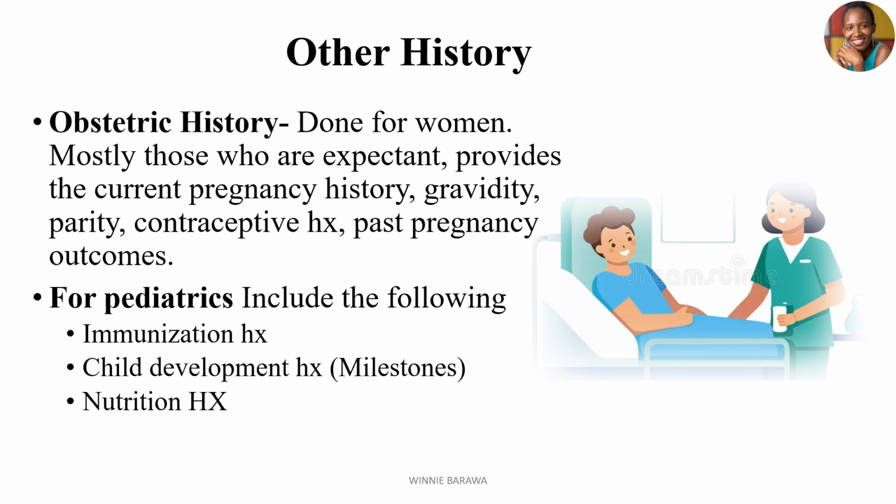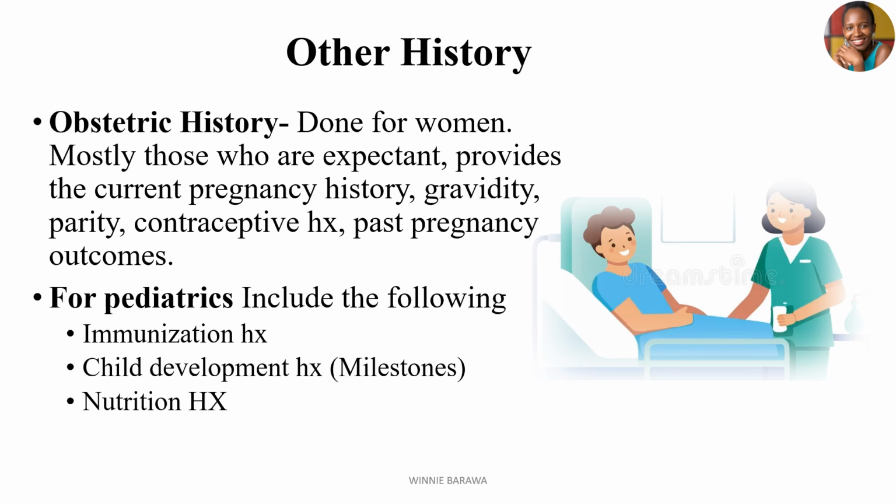So you may want to provide their current pregnancy history, you want to determine their gravidity, you want to establish the parity, contraceptive histories, and the past pregnancy outcomes. So in the gravidity, you want to basically determine the number of pregnancies, you want to establish the number of live births and all those aspects, the number of lost births. So this is what gravidity and parity is going to cater for.